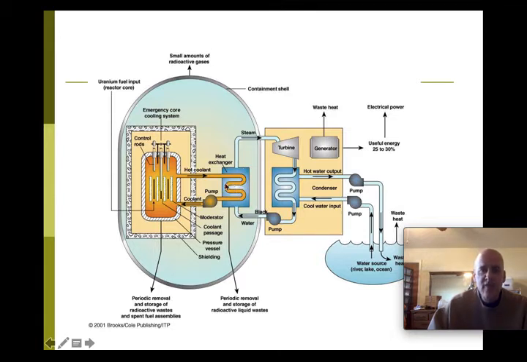The only thing that actually comes in contact with the radiation is the fluid in the reactor. This fluid is converted to steam, but it's also cooled and used again. So this is a closed system. The only thing that enters and exits is this cooling water that flows in and out, but it is never in contact with the radioactive materials.